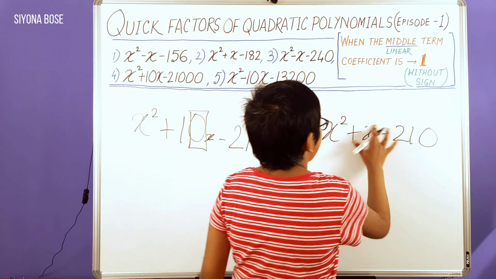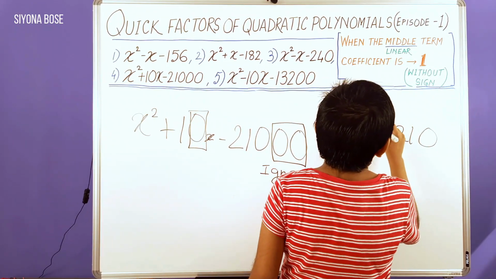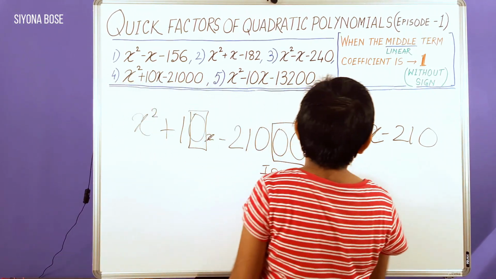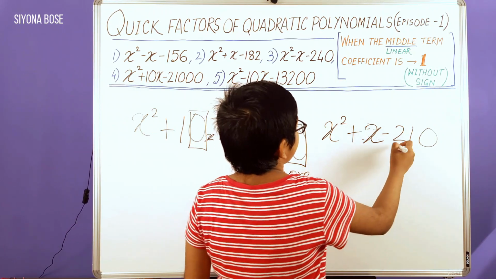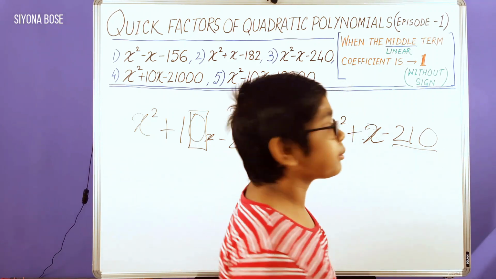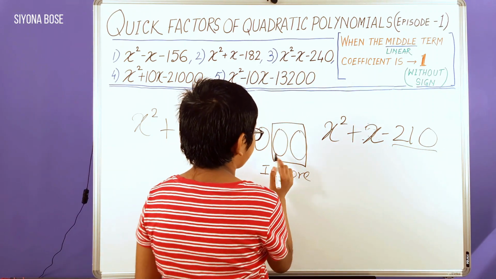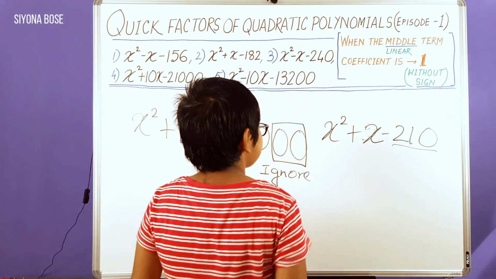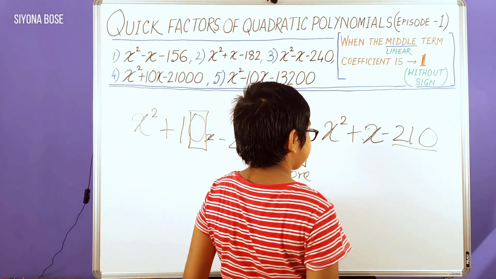Now, this polynomial is very easy to solve because it's just the type we have learned here. It's the same way: we need to locate 210, the constant term, which is reduced because we've ignored the 2 zeros, between 2 perfect square numbers. So, now we'll try not to make a mistake.